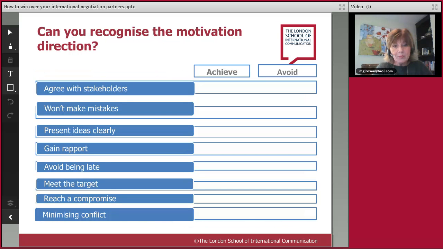So I've got some examples here for you. So if you can get your tick box out again, I'd just like to see whether you can recognize in these phrases whether the focus is on achieving a goal or avoiding a problem. So agree with stakeholders. You might like to tick or mark the slide to say which you think that one is.